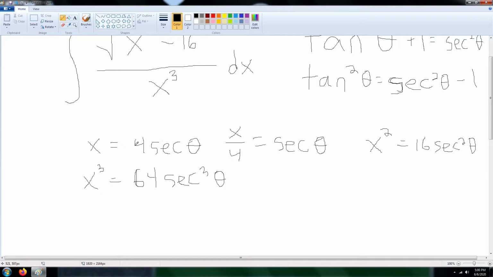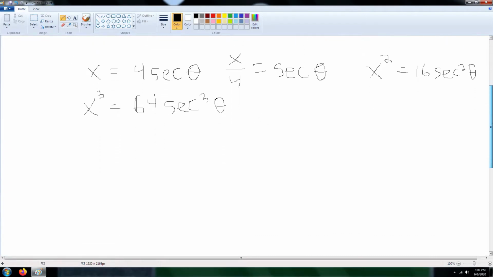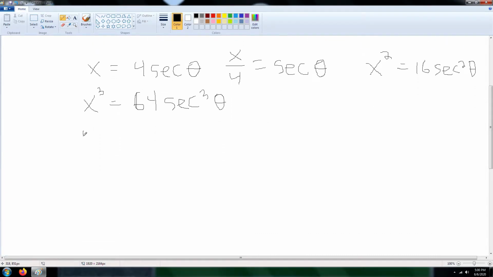Now the question is, what is dx equal to? Well, if you take the derivative of this one, it would be 4 secant theta tangent theta d theta.